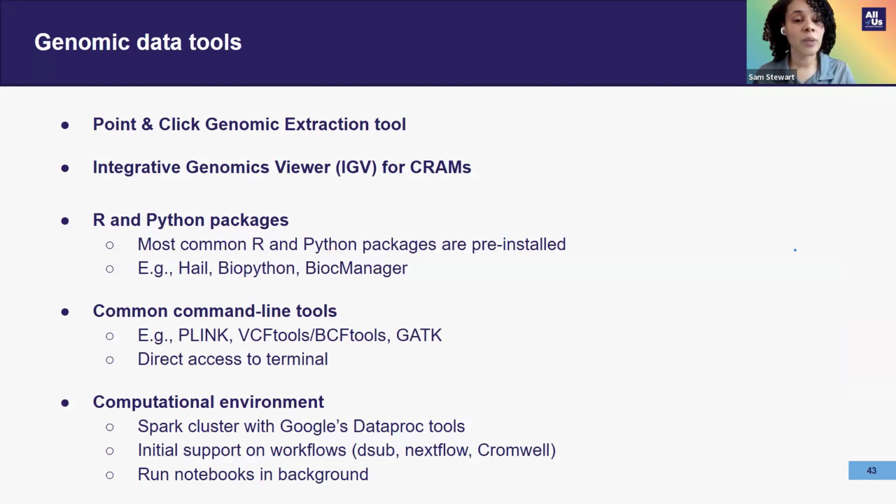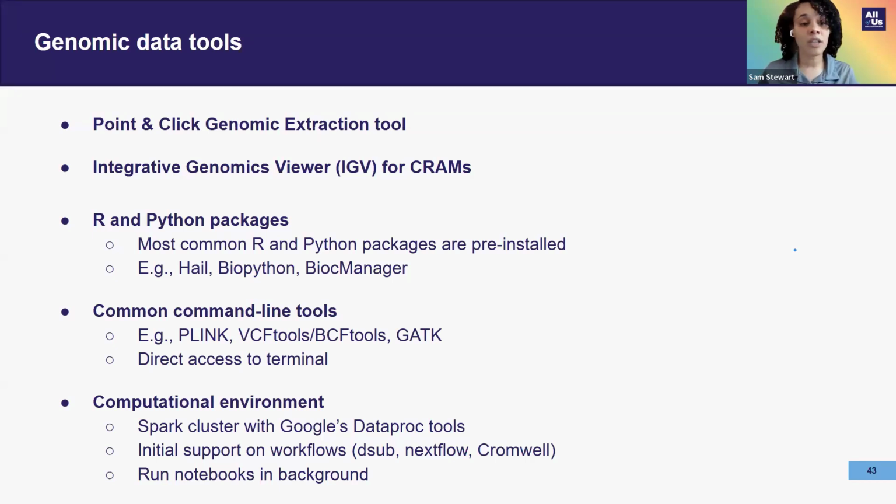Alongside the file formats that we provide, we also provide an opportunity to use a variety of tools to assist you with your genomics analysis. That includes workflow tools such as Nextflow, Cromwell, and, if you're new, but this is a great option, dsub, which is a command line interface that helps parallelize some of your workflows. We also offer some of the most common R and Python packages.